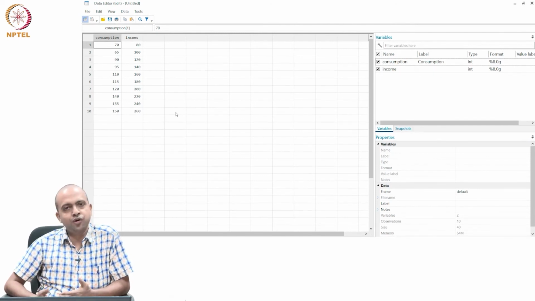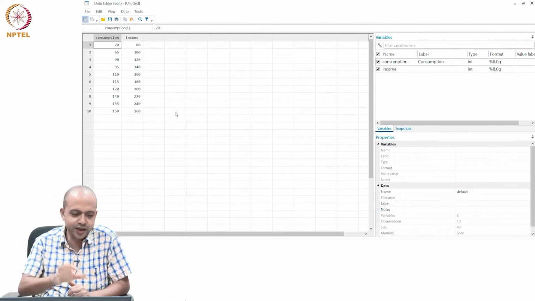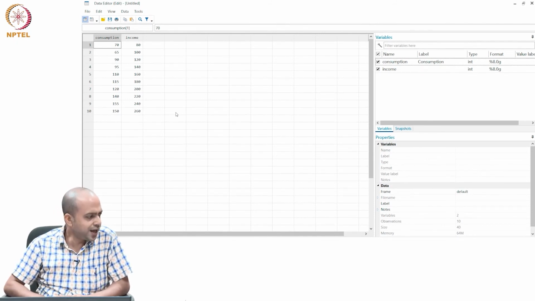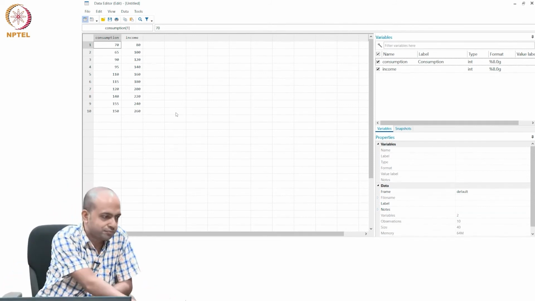If you have data on 100 families or 1000 families, the technique we are going to learn is the same. If you learn the technique of estimation using this small data set, you can use it for a large data set also, absolutely no problem. And I am going to share this particular data set with you, so that at home you can actually estimate the statistical model.